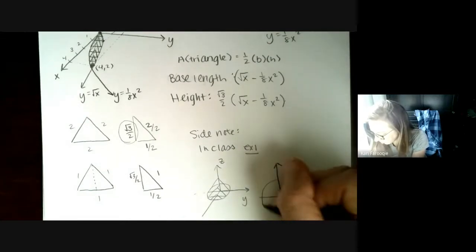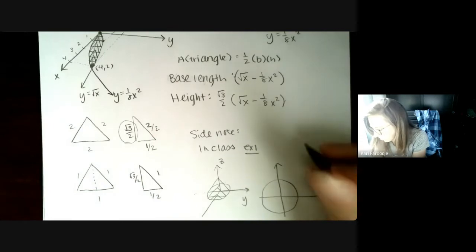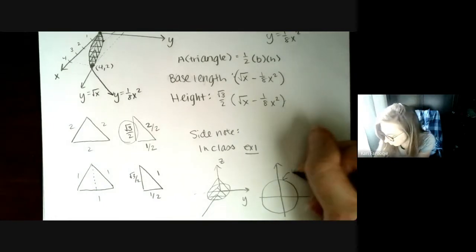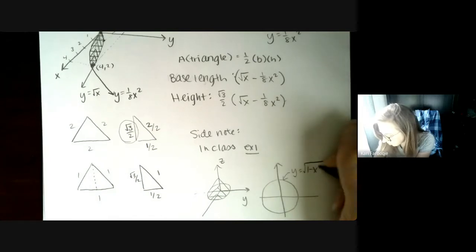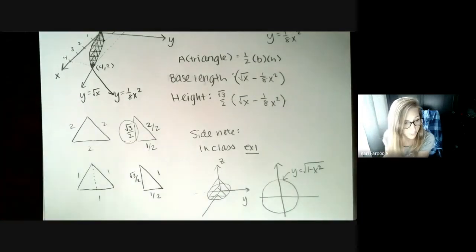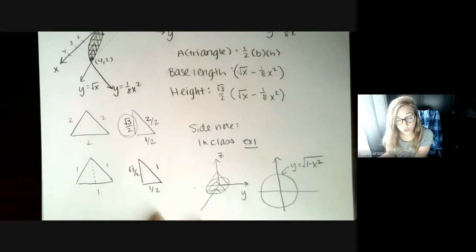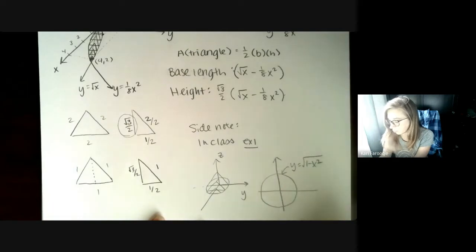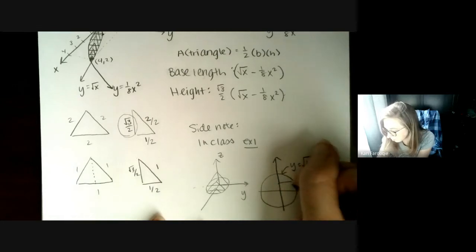But here's your base. And then we had this written as y equals the square root of 1 minus x squared. When we built a triangle off of that, the base of the triangle covered this whole distance. So what we did was we found the length of half of the base, and then we multiplied it by 2.